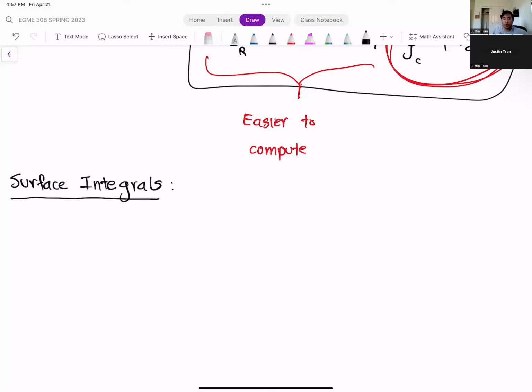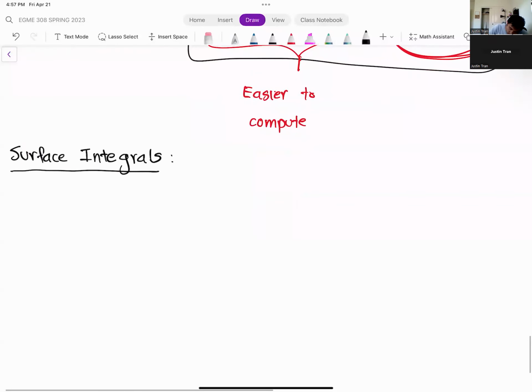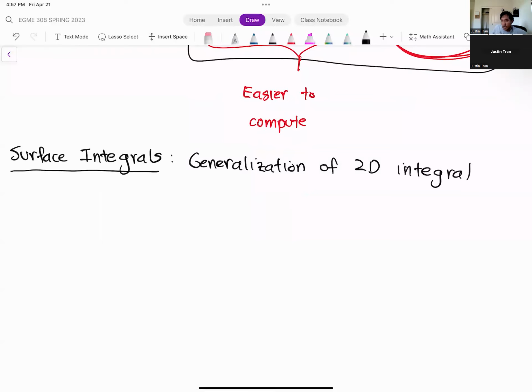Okay. So surface integrals, just like line integrals, are kind of a generalization of our normal 2D integral. And so a surface integral is the generalization of a 2D integral where our integration domain is an arbitrary surface in 3D space.